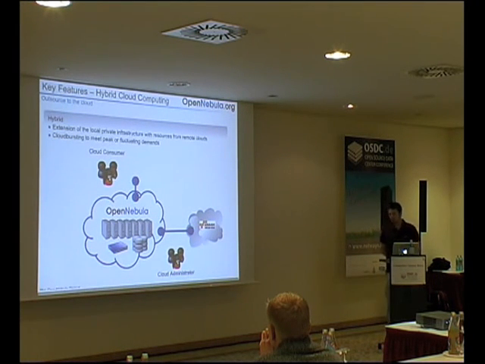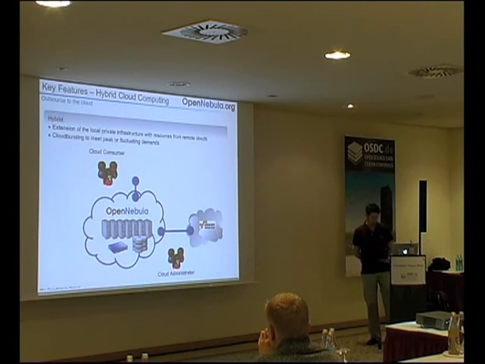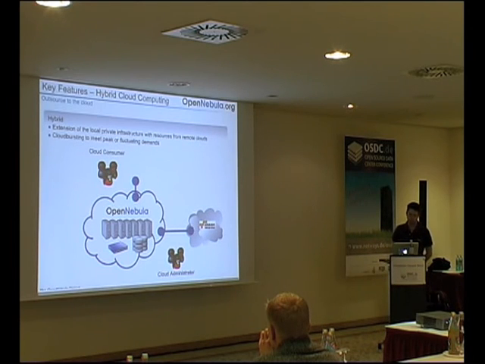Another nice feature is the ability to create hybrid clouds. Well, not the creation of the cloud, but the use of the cloud in an automatic way. You can set up the scheduler so that when there's no space left in the local infrastructure, it will start sending the virtual machines to Amazon.